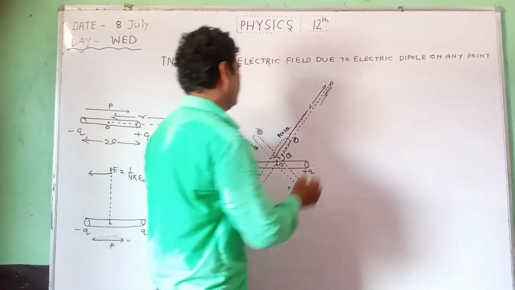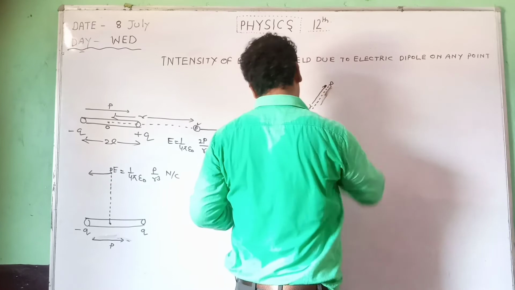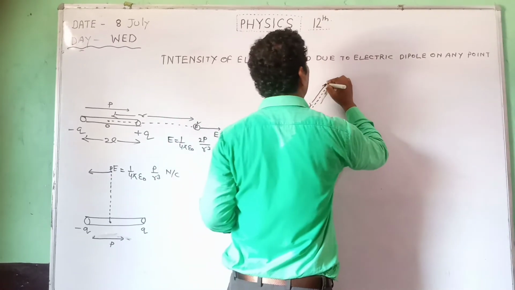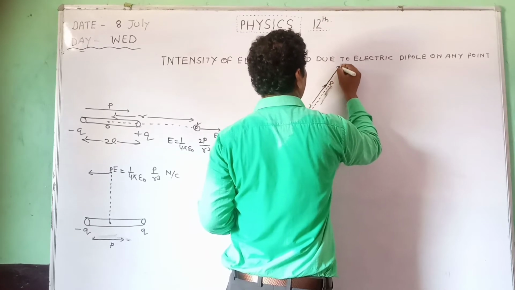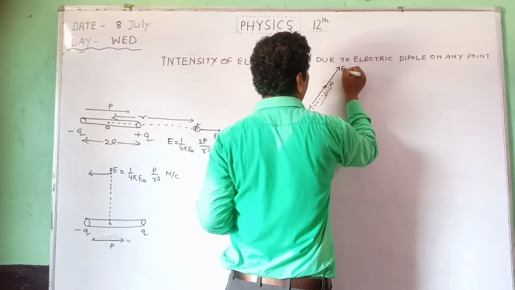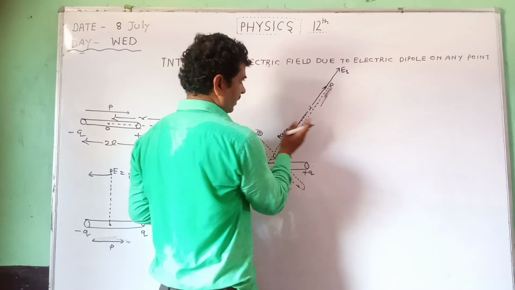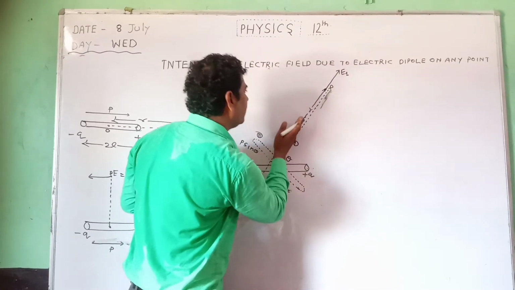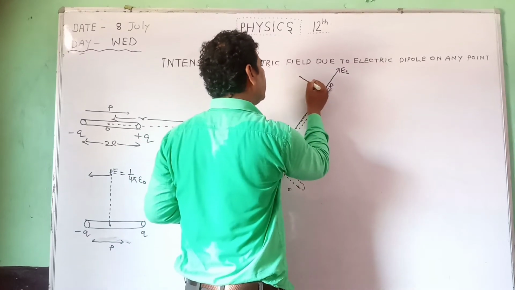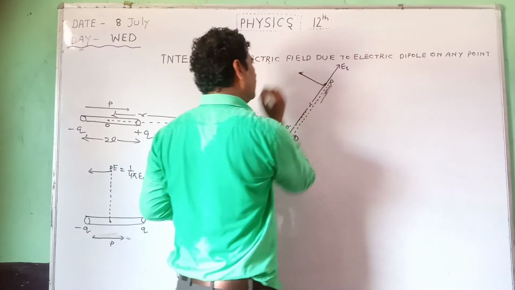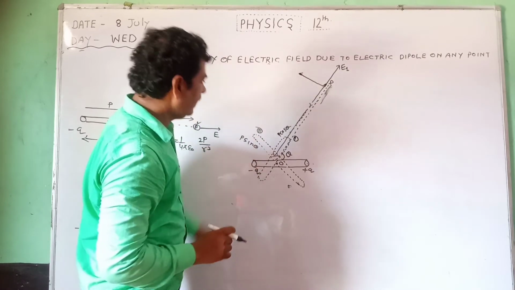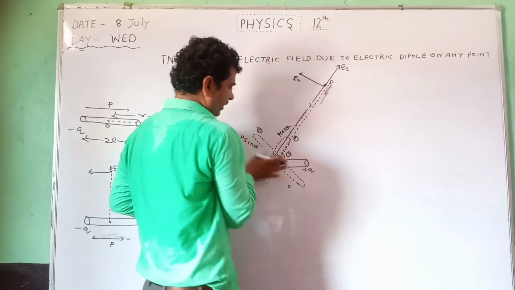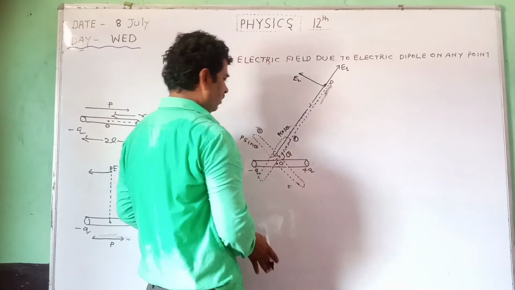If we talk about the intensity of electric field due to the first imaginary dipole, then this intensity is in the direction of dipole moment p cos theta, and the intensity of electric field due to the second imaginary dipole is in the opposite direction of its dipole moment.